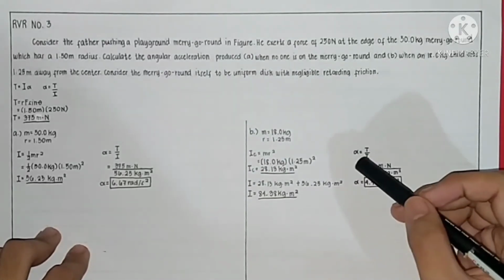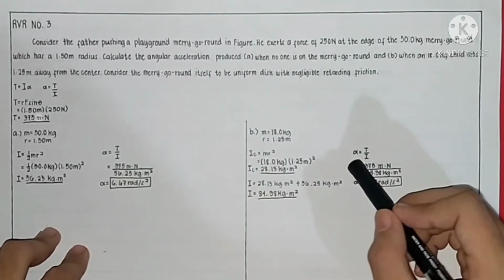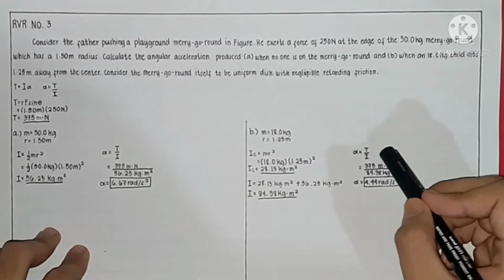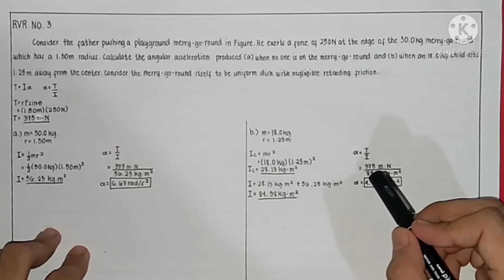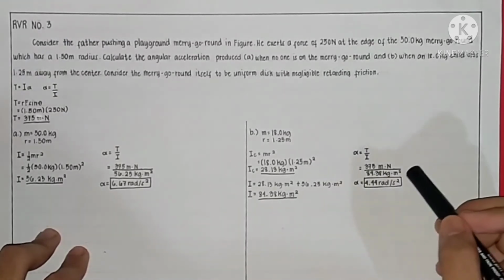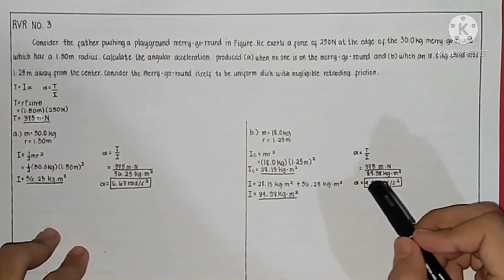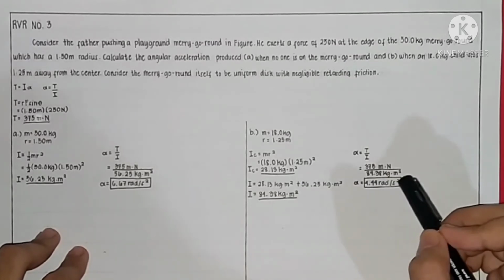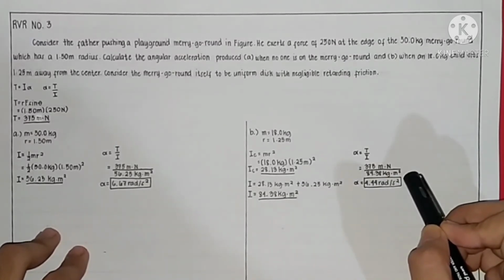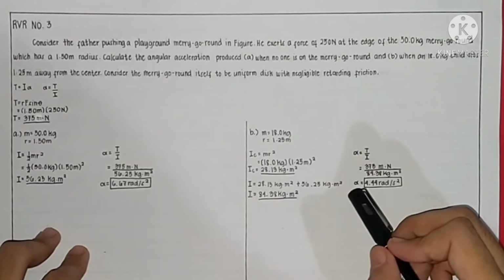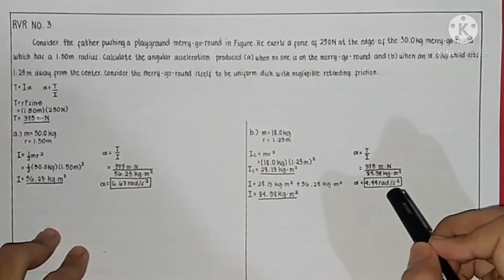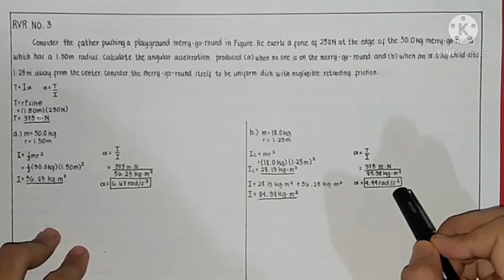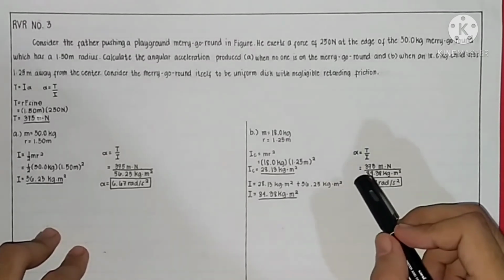Para makuha yung angular acceleration, I use the formula of alpha is equal to torque over inertia, which equals the torque 375 meter times Newton divided by the inertia 84.38 kilogram times meter squared, which results to the value of angular acceleration, which is equal to 4.44 rad per second squared. So, this is my final answer for problem letter B.